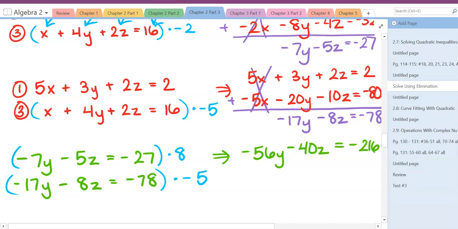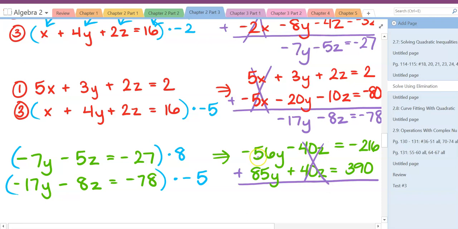Now for the bottom, we're taking them all times a negative 5. Everything is going to switch signs here because they're all negative. So it's going to become positive 85y, positive 40z, and then positive 390. Once again, we're going to add. Your z's are going to cancel.